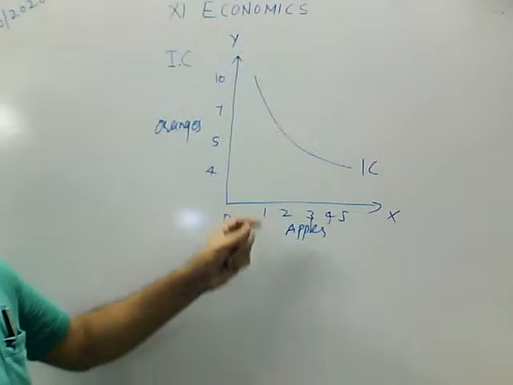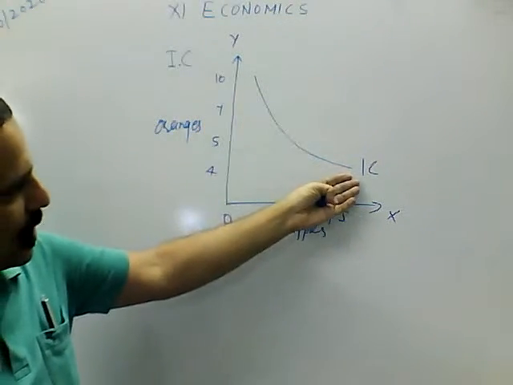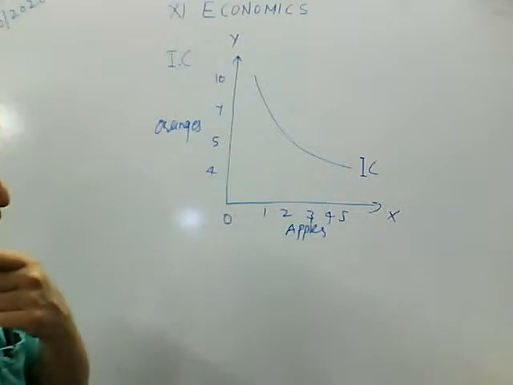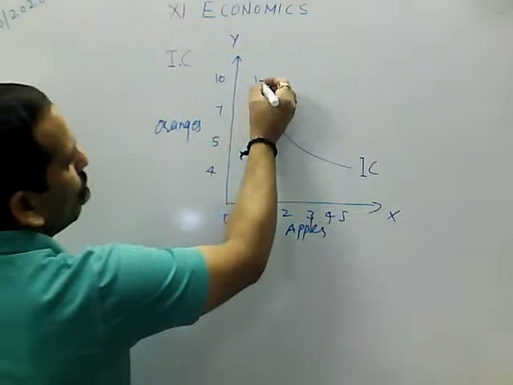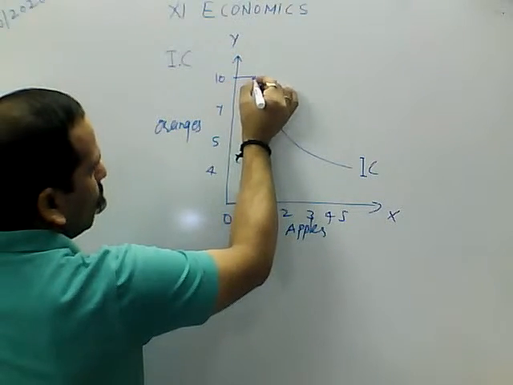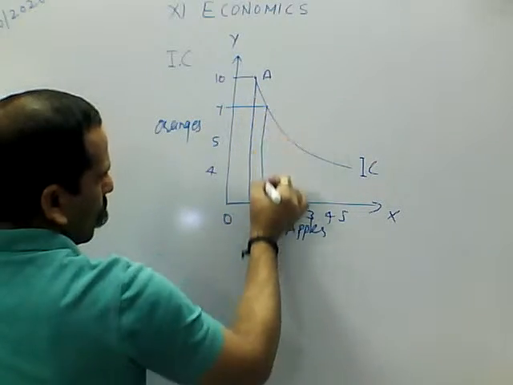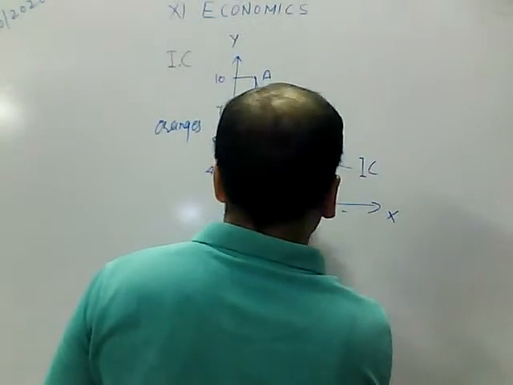Okay, so this is a shape, this is an indifference curve. So the definition, and we have different combinations. Yesterday I taught you about different combinations. Let combination A, combination B, combination C and D, and so on.